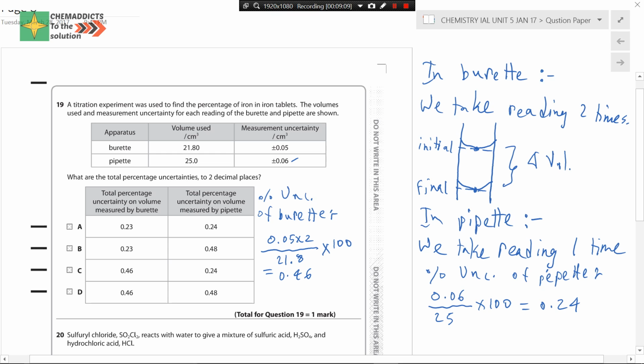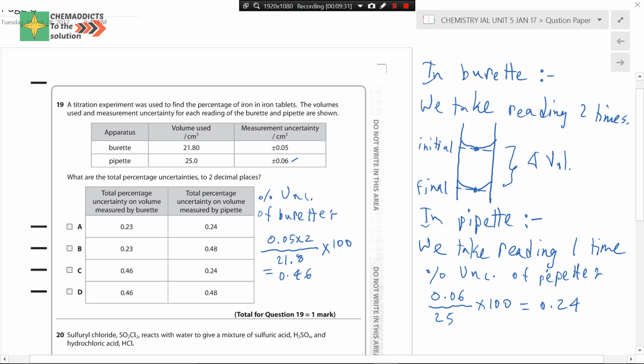But in the burette there is a graduation mark, so we need to take the initial reading and final reading in order to find the change in volume. That is why in the burette we have 2 uncertainties, and in the pipette we have 1 uncertainty.